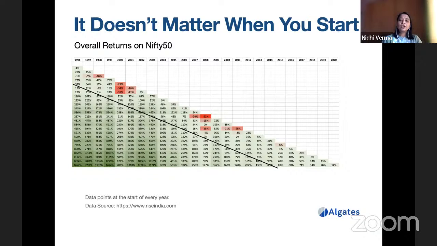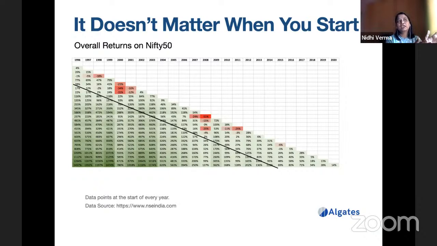And then as you go forward in time, your overall returns throughout the whole period are becoming bigger and bigger. So what this chart suggests is this black line which is cutting through this graph. This is just for 25 years.